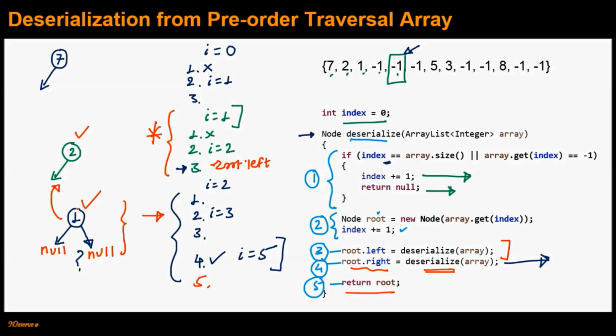So node 1's reference would be made the left subtree for node 2. So after the execution of step number 5, this call sequence is complete, which has basically returned the reference to node 1 here, right? I'll erase the completed call sequence now.